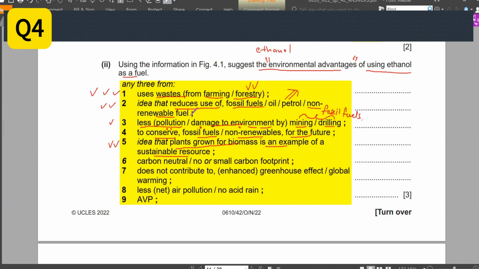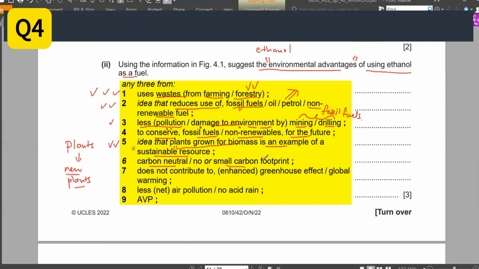So instead of taking from the fossil fuels, we take from the plants. So if we need more, we can plant the new plants. So that's what we mean by sustainable. So we can replenish. We can get a continuous supply if we need to.